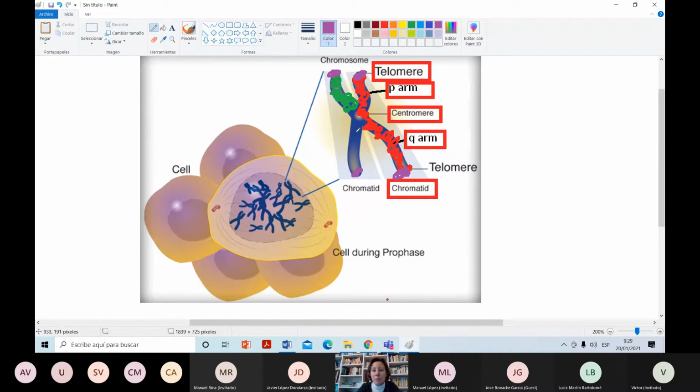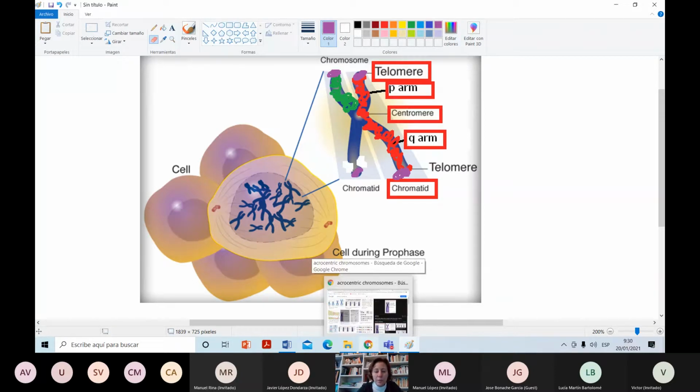And if this chromosome, instead of being like that, had this secondary constriction, so if it was something like this, the final part that comes after another constriction, we refer to it as a satellite. But not every chromosome has these satellites, only some chromosomes.